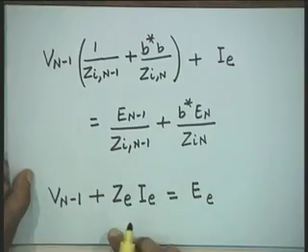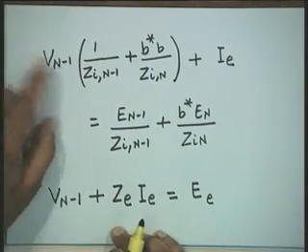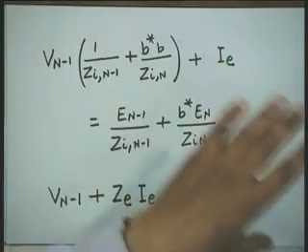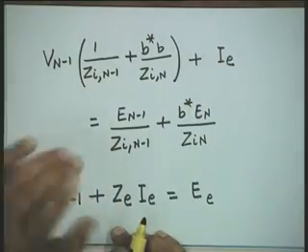Z E can be simply obtained because you divide this whole equation by this coefficient.